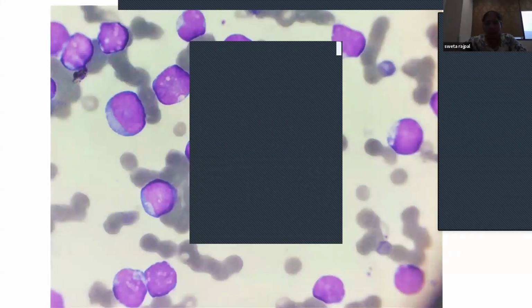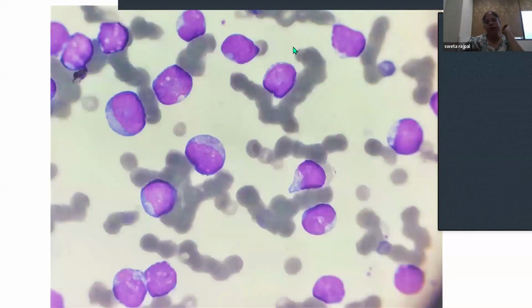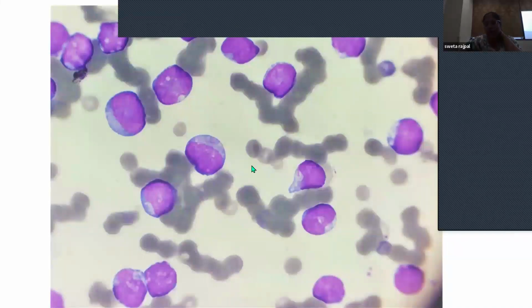But we cannot call it APML because even other AMLs may have Auer rods. One of the AMLs that classically has long slender Auer rods is AML with translocation 8;21 or RUNX1::RUNX1T1.